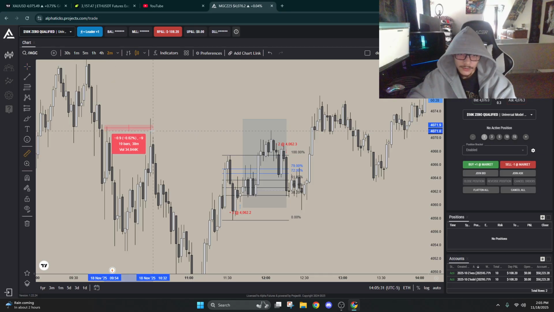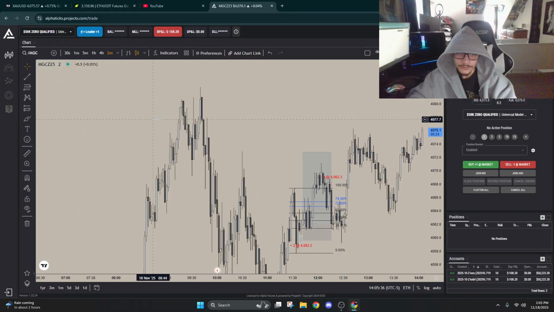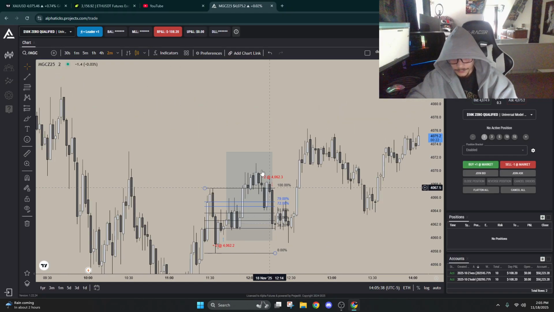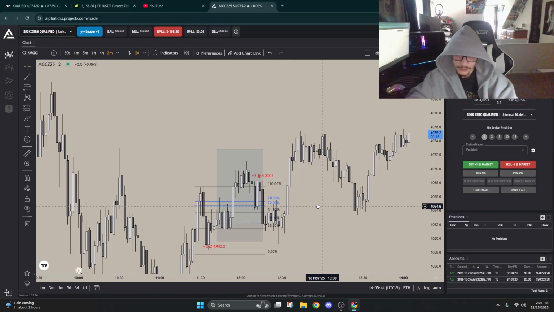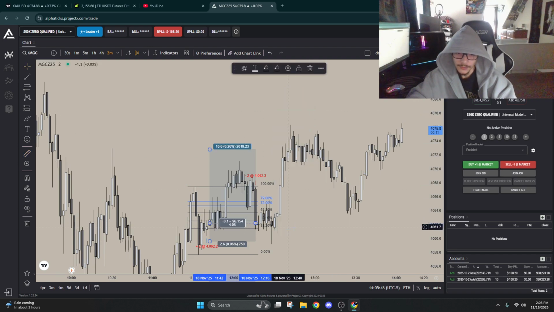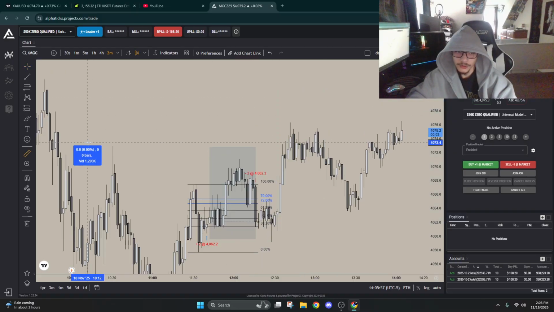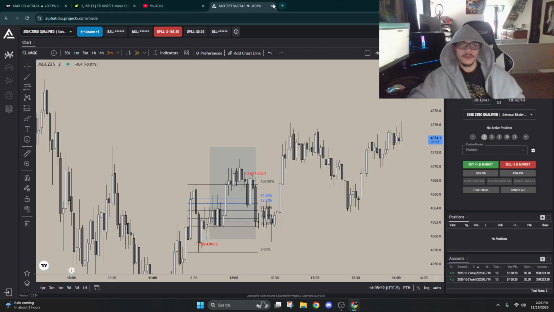I know this one got swept here, but it's targeting this. Came up, edged our GP by a couple of points, and then turned around. Then it actually hit our TP. Literally stopped us break even just to sweep out all of these equal lows, and then pumped to our take profits. But that happens.